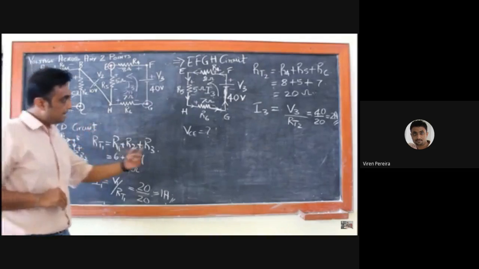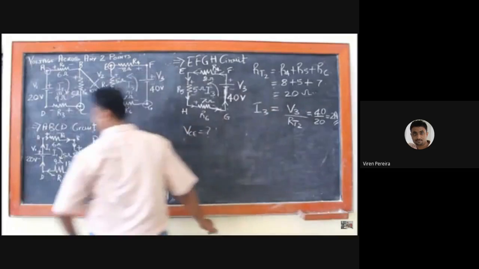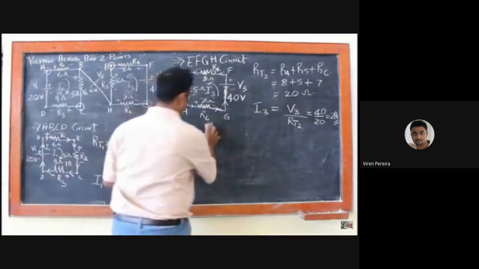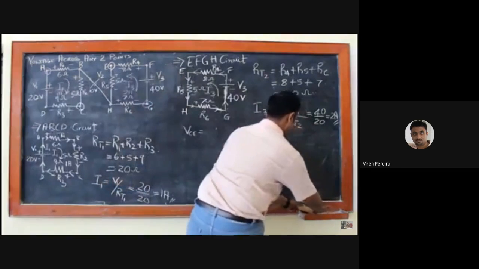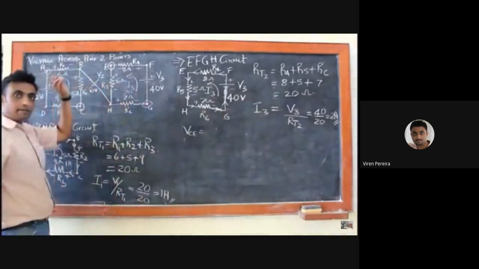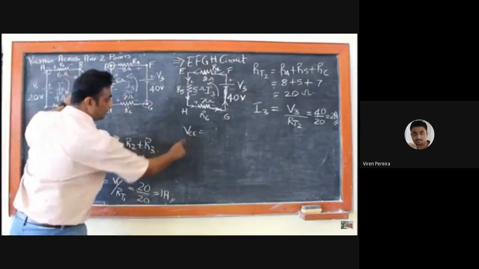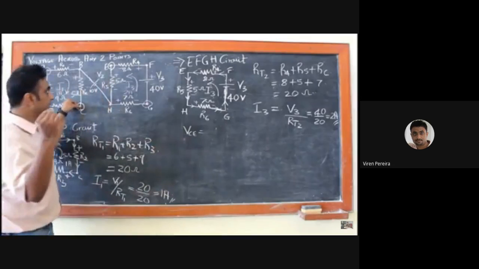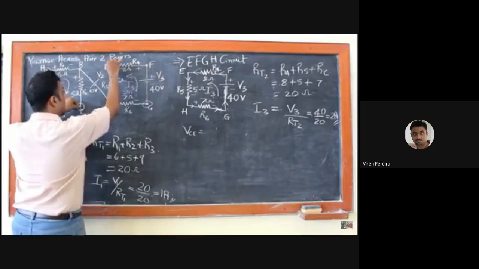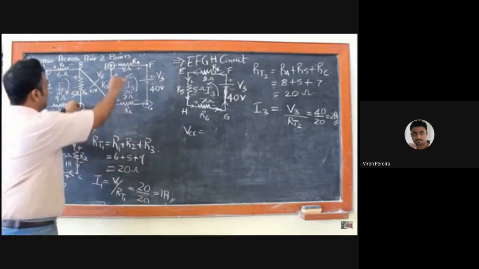So if I'm saying I want to find the voltage across VC, then it is basically taking the positive terminal of your multimeter, connecting it across point C first, and your negative terminal connected across point E. So you have your positive and negative terminal.